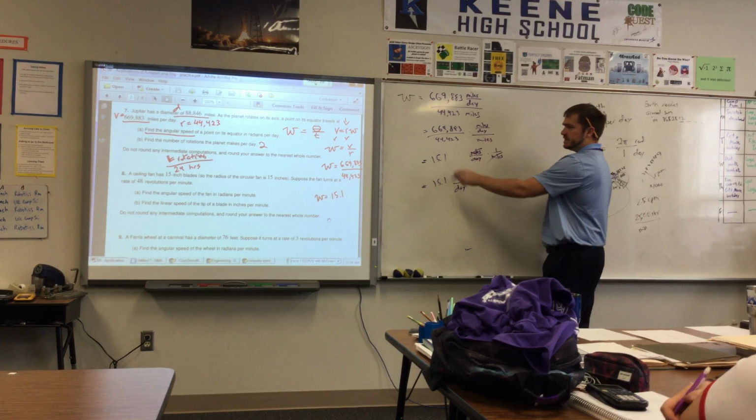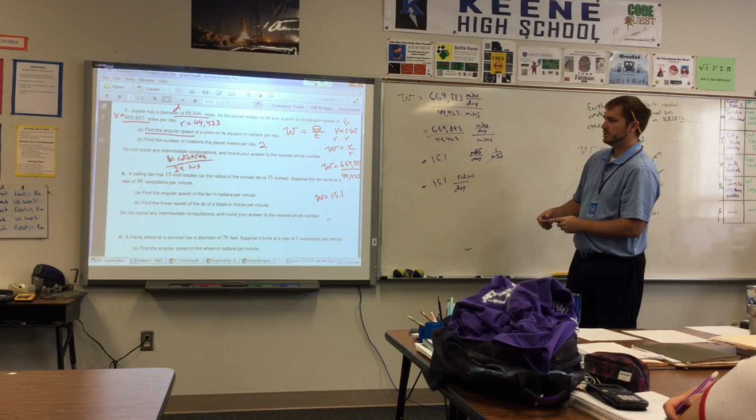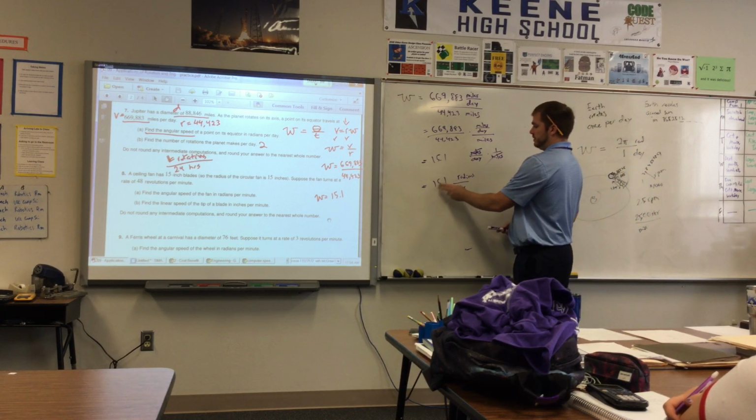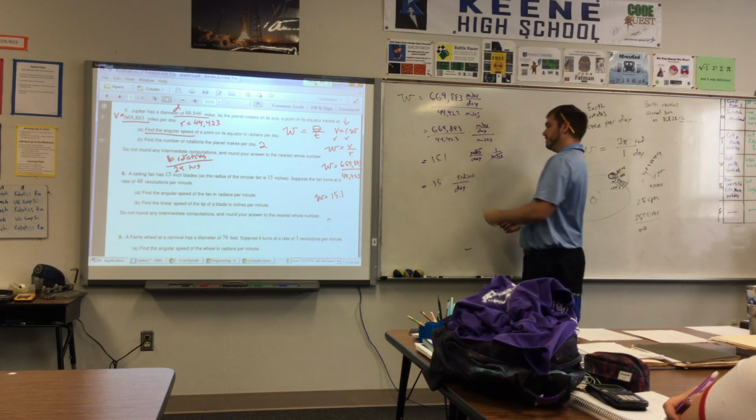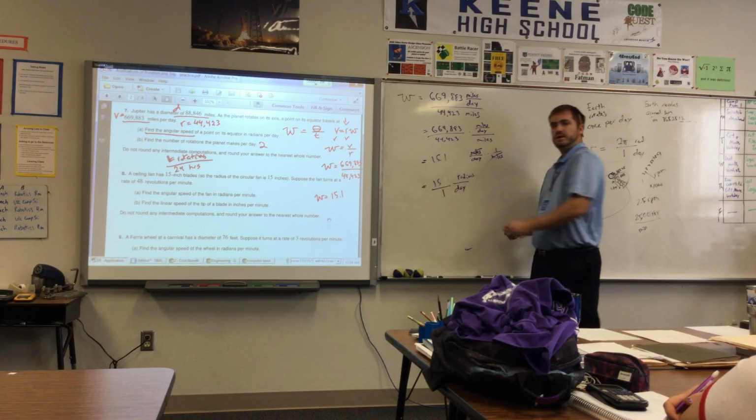According to this last piece of information, they want us to round to the nearest whole number. So 15 radians per day means 15 radians for every 1 day.